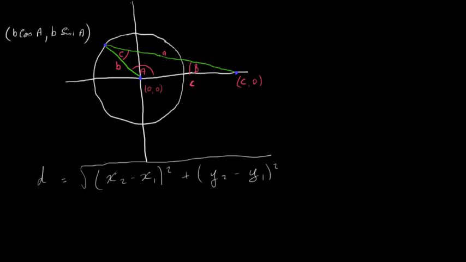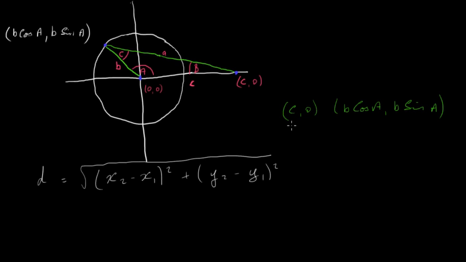Now we'll just write down our 2 points. Our 2 points are, let's see, c, 0, and our second point is b cos a, b sine a. I'll just identify those.